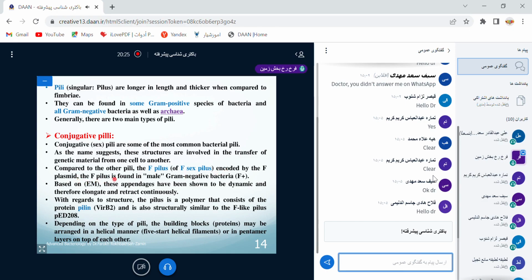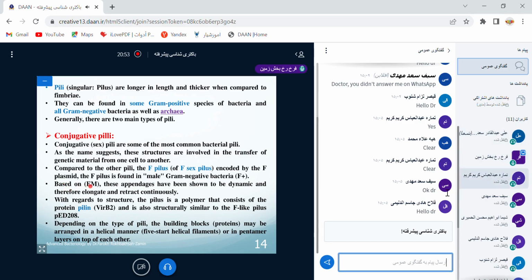The F pilus is found in male gram-negative bacteria, or F plus. So we have them in gram-negative bacteria, and those gram-negative bacteria with this type of pilus are known as male gram-negative bacteria.